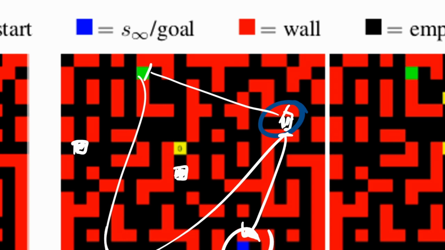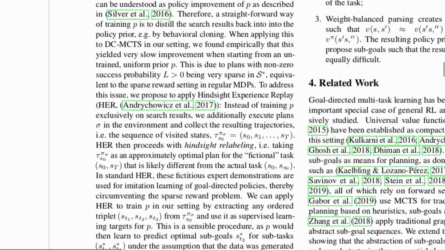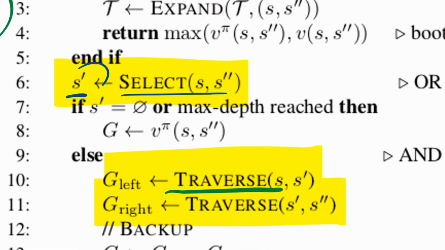So here we could, for example, make a heuristic that will always only pick squares that are on this straight path to the goal. So everything rests on how you do this select action, this thing here.